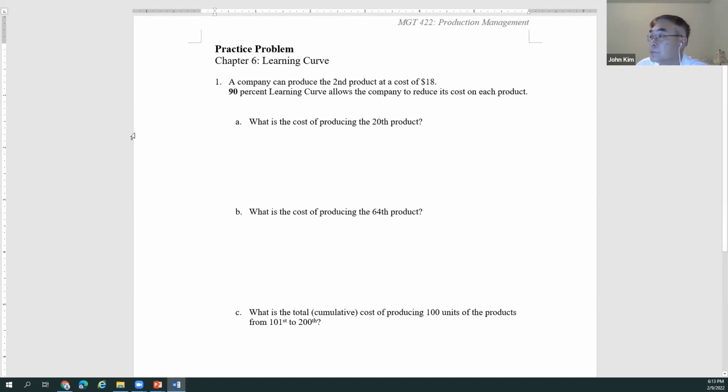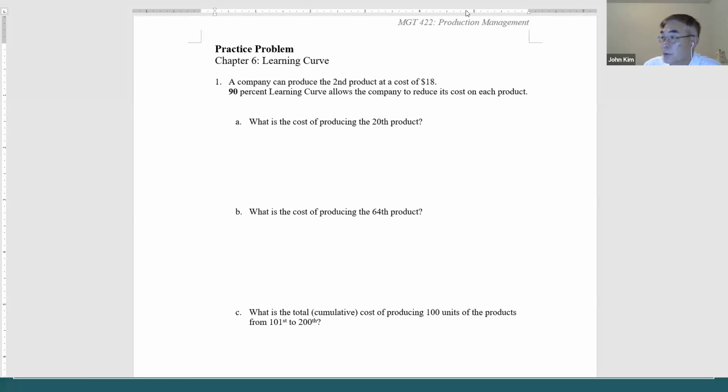Okay. So first we need to figure out K. From the arithmetic learning curve concept, K, and then Y2, and we don't need Y3, Y4, is doubled.